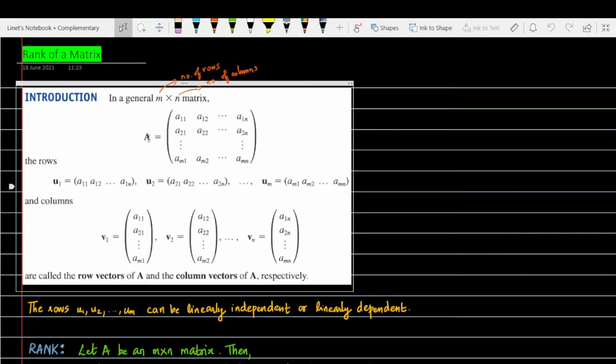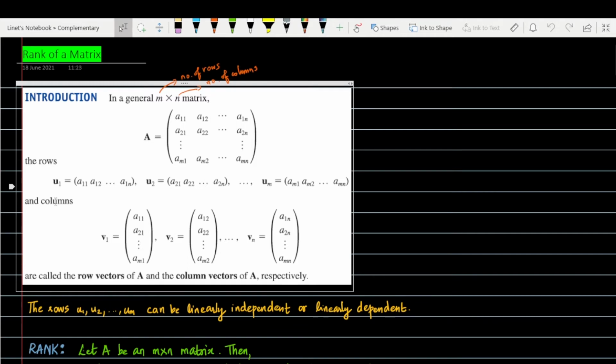It is nothing but a11, a12, etc., a1n, and the second row is notated as u2, which is a21, a22, etc., a2n, and so on. The mth row is notated as u suffix m, which is am1, am2, etc., amn.